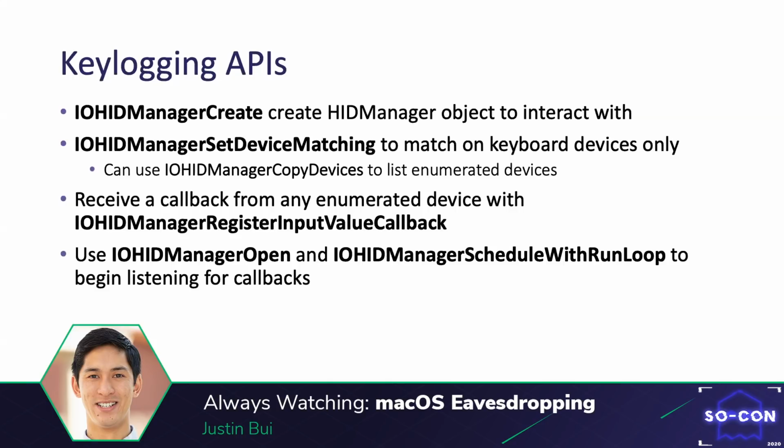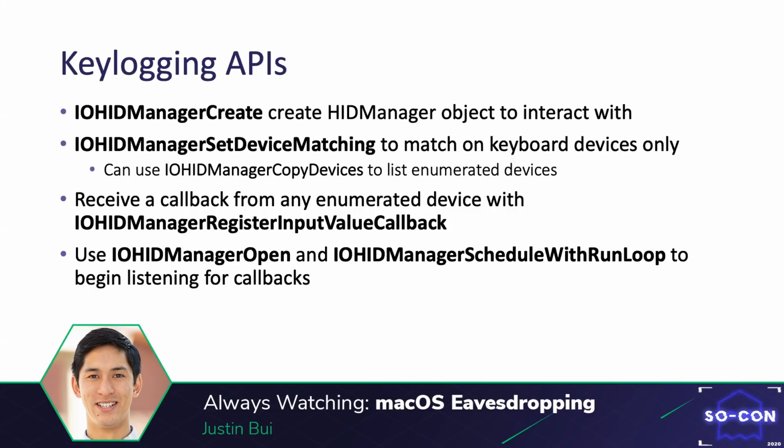These are the API calls that we need to perform keylogging on macOS. First, we'll use the IOHIDManagerCreate API to create the HID Manager object that we're going to be interacting with in further API calls. Next, we'll use IOHIDManagerSetDeviceMatching. We're going to pass in a pattern to match specifically on keyboard devices.